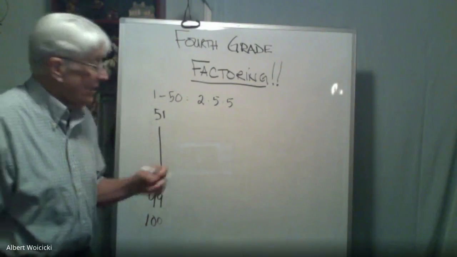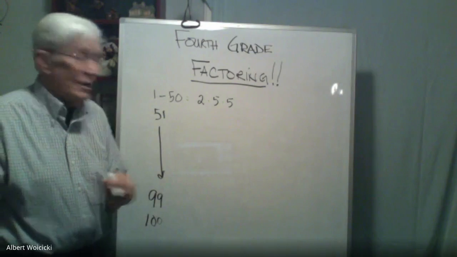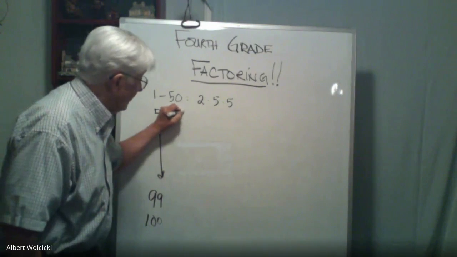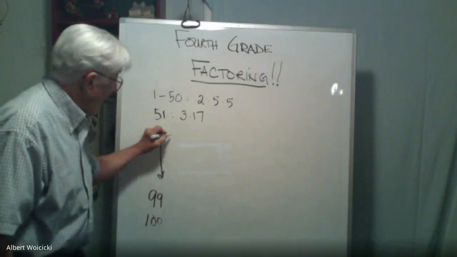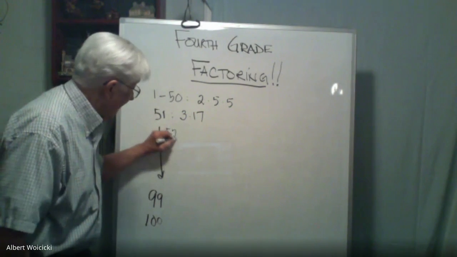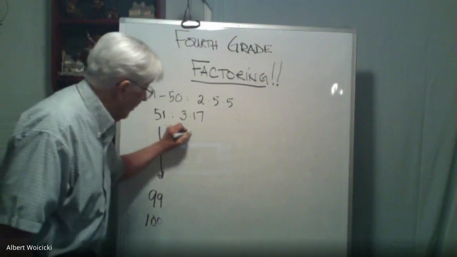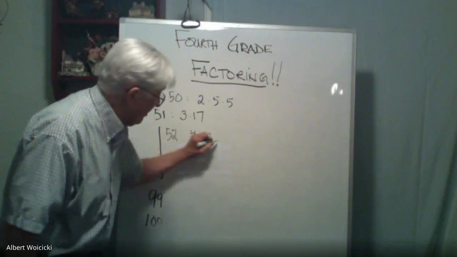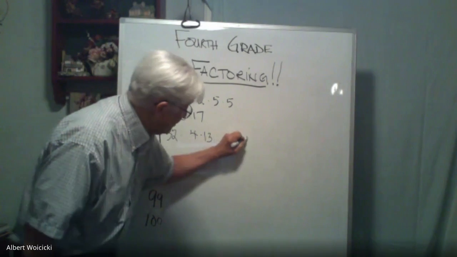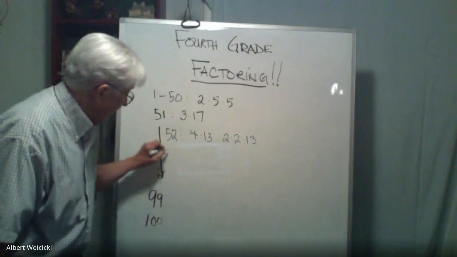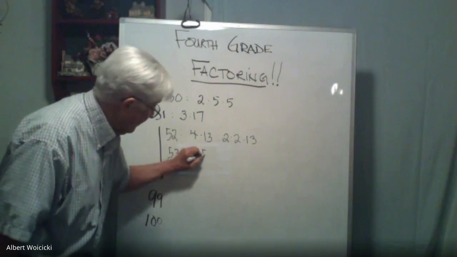And next, now let's continue with 51 to 100. So 51 being 3 times 17. And then 52, which has, like a deck of cards, is 4 times 13, but our 4 can be broken down, so that becomes 2 times 2 times 13. And then 53 is a prime number. That's just 1 times 53.